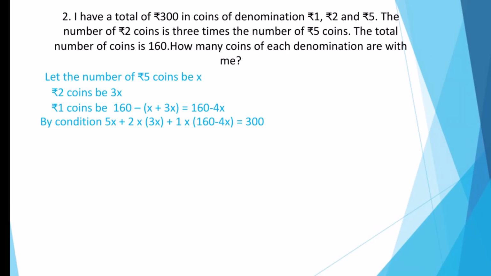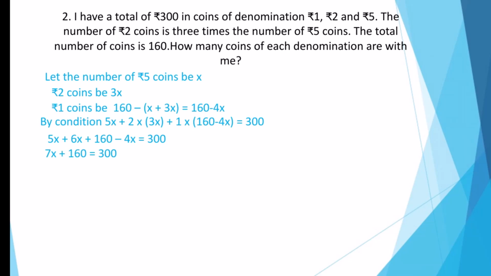When we add these three, we will get rupees 300. Again we can simplify: 5x plus 6x plus 160 minus 4x is equal to 300.